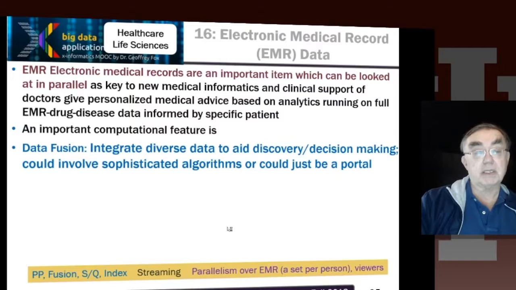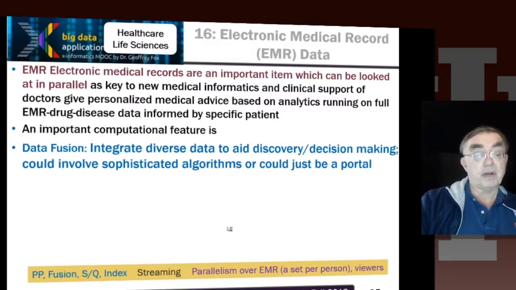We mentioned here the concept of fusion, and that's pointing out that in almost all these areas, as we already mentioned in the military application, you need to integrate diverse data to aid in either scientific discovery, if the diverse data comes in science, or decision making, as in our case here, where we have doctors sitting in the clinic looking at individual patients, going back to the back end health data, running analytics to support their decision making.